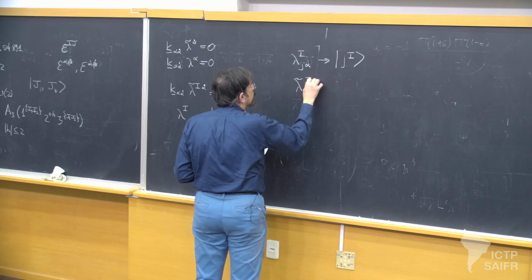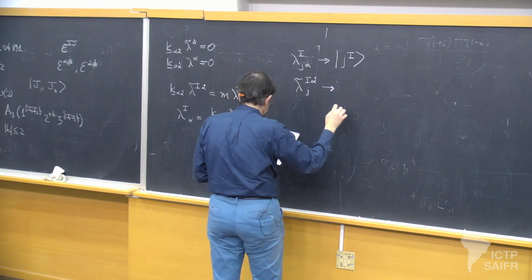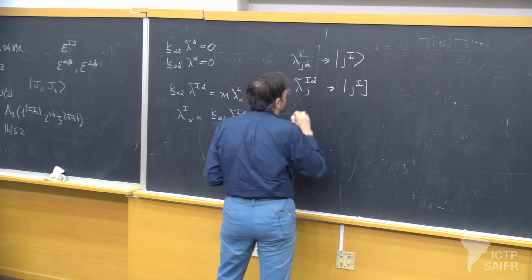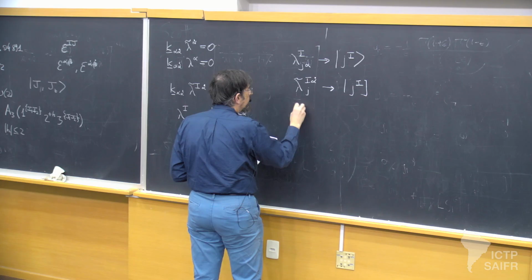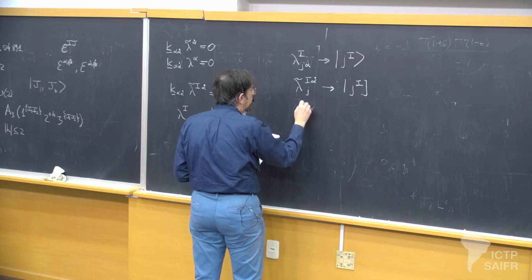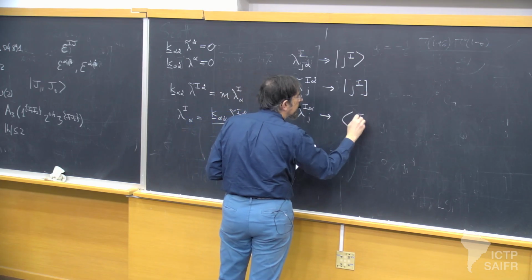The lambda tilde tensor we will write with a bracket as before. And when we change the index, it corresponds to going from the ket to the bra, just as before.